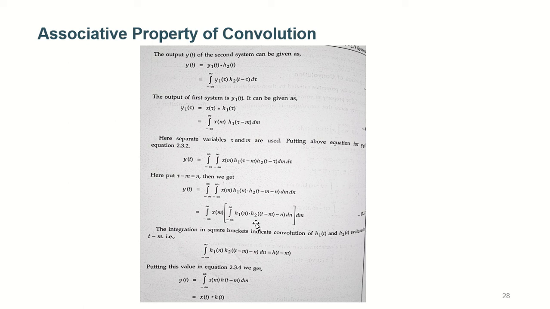This integration, which is shown by these square brackets, doesn't it look a little familiar to you? Have you seen it somewhere before? It is a convolution formula. It is nothing but the integral from minus infinity to infinity of h1 of n h2 of t minus m minus n dn, which will be equal to h of t minus m.